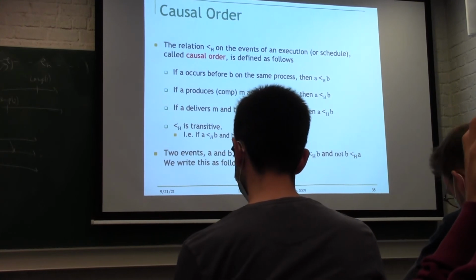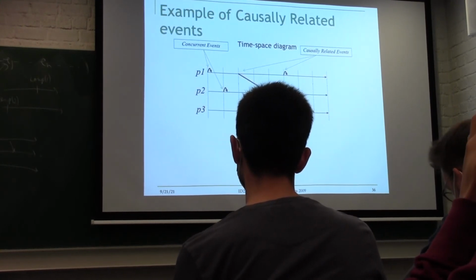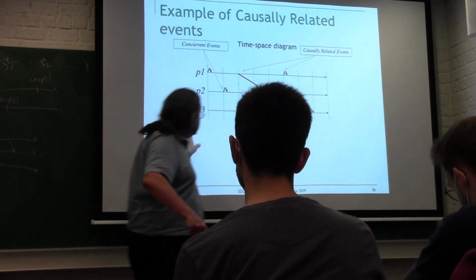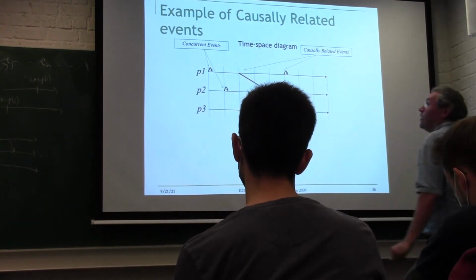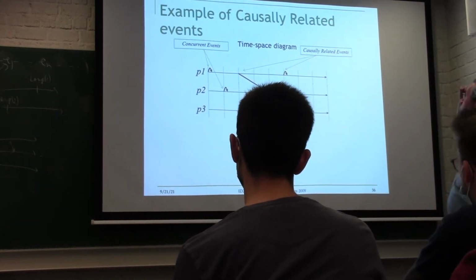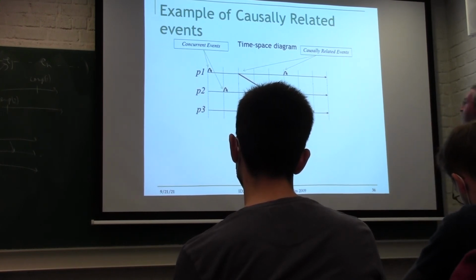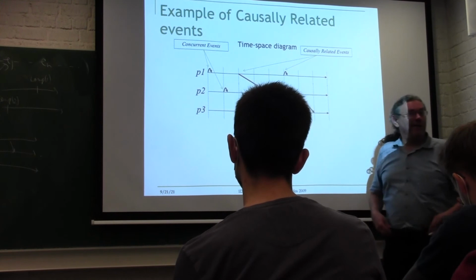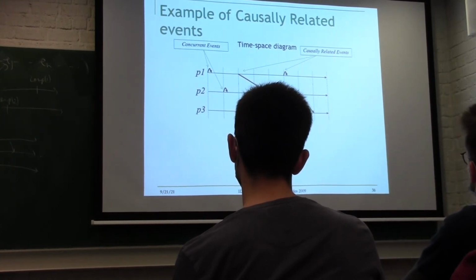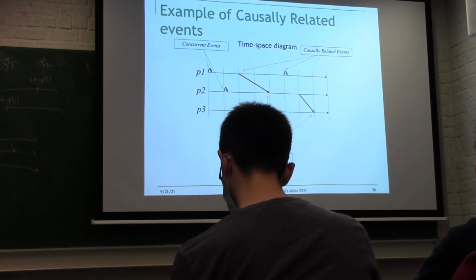So here's a picture to show you. This is a kind of picture we're going to use a lot. This is called a time-space diagram. It has nothing to do with relativity theory, because we're assuming global time here. If you want to do distributed systems and make them relativistic, then it gets more complicated.